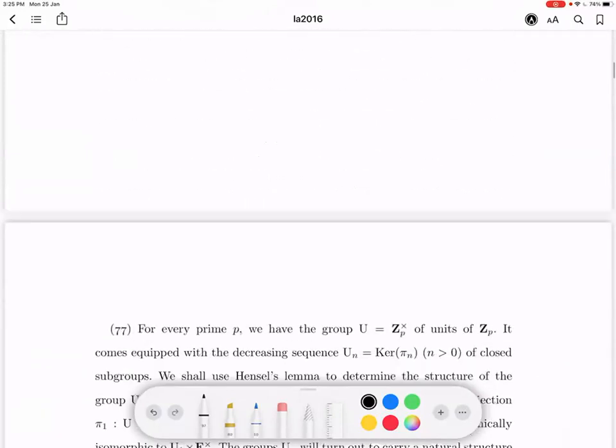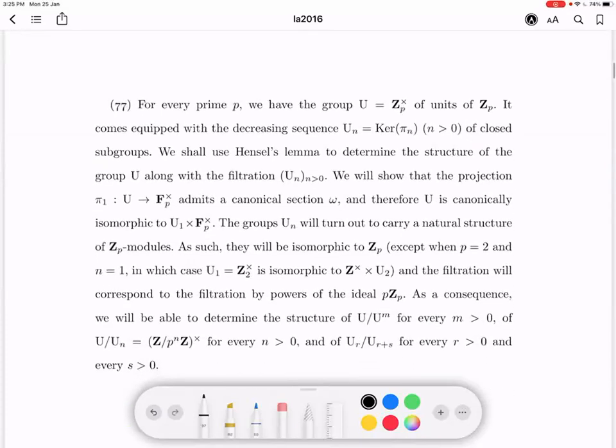Now I come to some notation. This group of units, I'll abbreviate it to U, or Zp star. The elements of this group are called units of Zp, and I'll simply write U for the units.